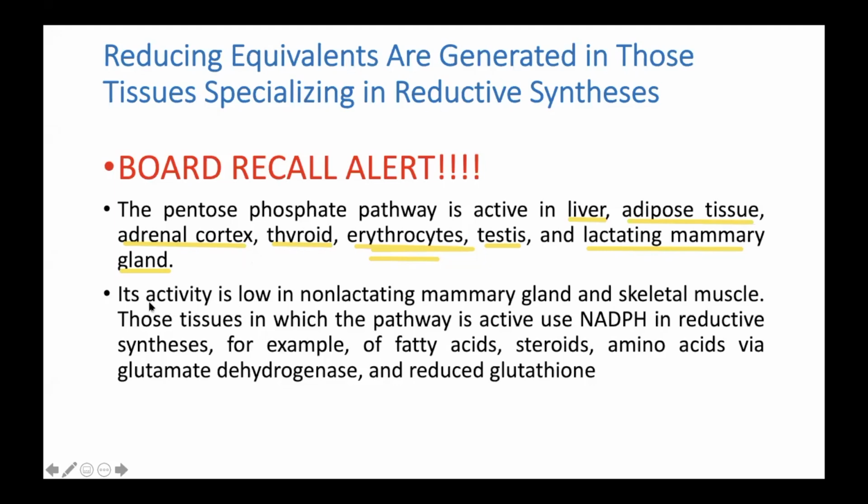Since the pentose phosphate pathway is active in the liver, the adipose tissue, and the adrenal cortex, these are the tissues which actively utilize NADPH for particularly fatty acid synthesis, steroid synthesis, as well as amino acid synthesis.